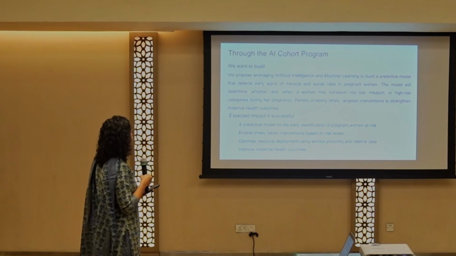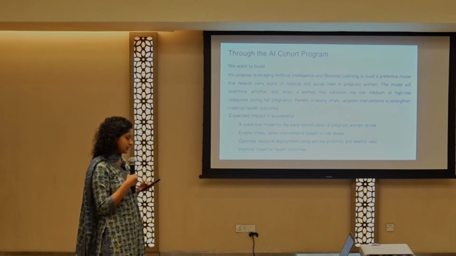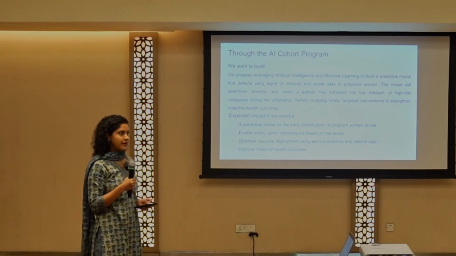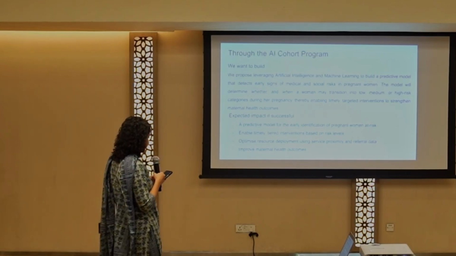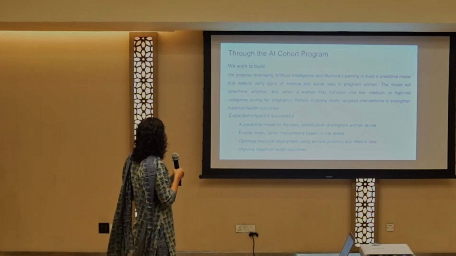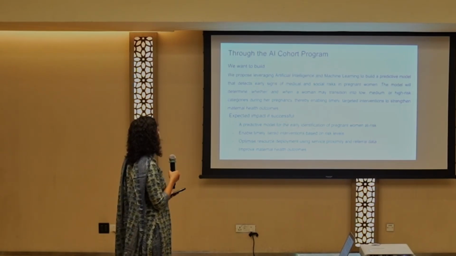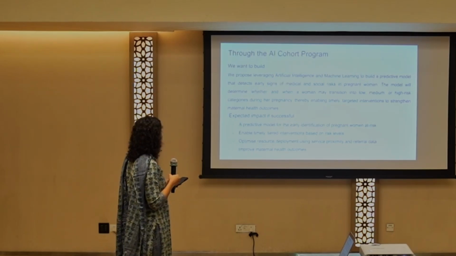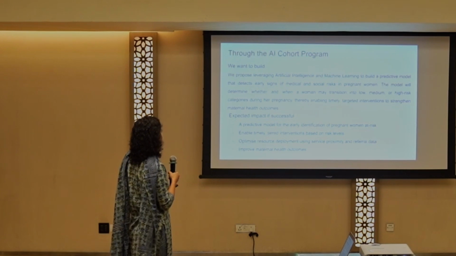In line with that, we are proposing to leverage AI and ML to build a predictive model that integrates individual-level factors, social factors, economic factors, and also biomedical factors to assess whether and when a woman may transition into low, medium, or high risk categories during her pregnancy. Through this, we are hoping to enable timely and targeted interventions.